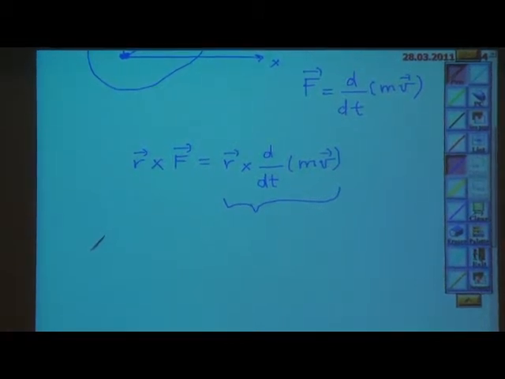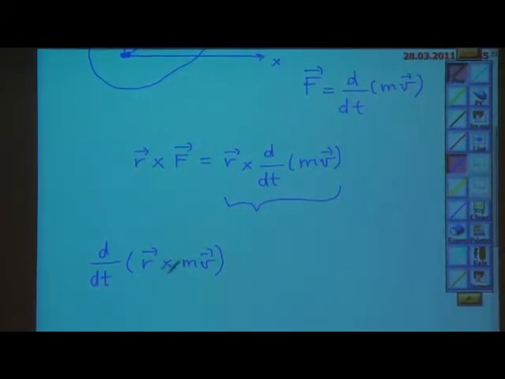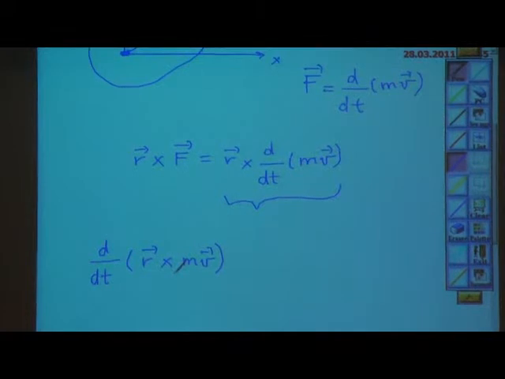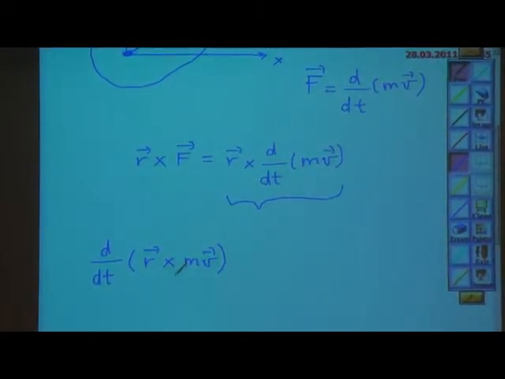So what I want to investigate to get to this form is the time derivative of the position vector with the linear momentum, which is m times v, where v is a vector, r is a vector, and these two vectors can only get into operation via a vector product, cross product.